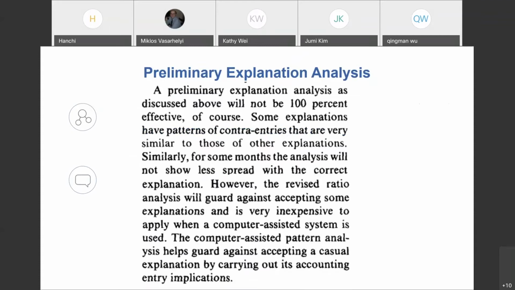Similarly, for some of the months, the analysis will not show less spread with the correct explanation. However, the revised ratio analysis will guard against accepting some explanations, and it's very inexpensive to apply when a computer-assisted system is used. The computer-assisted pattern analysis helps guard against accepting causal explanations.